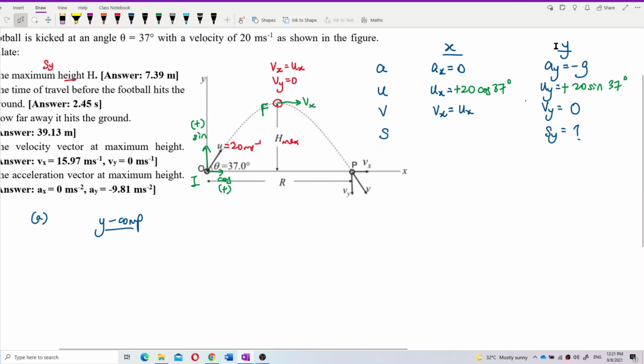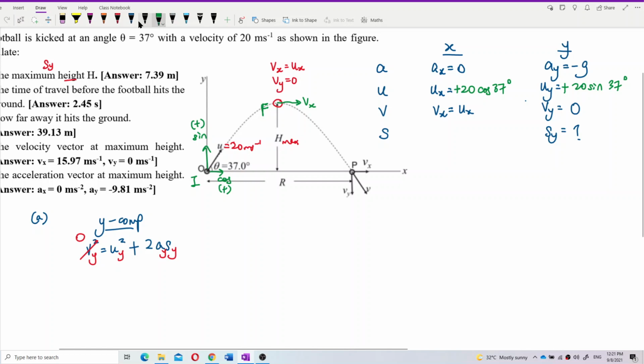What formula can we use? VUAS: v squared equals u squared plus 2as. These are all the y components. The final vy is 0.